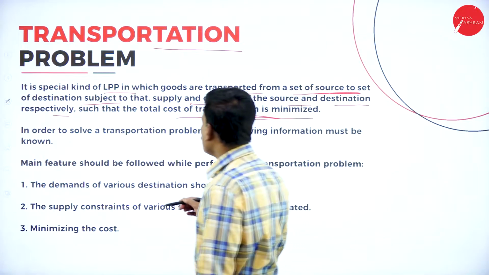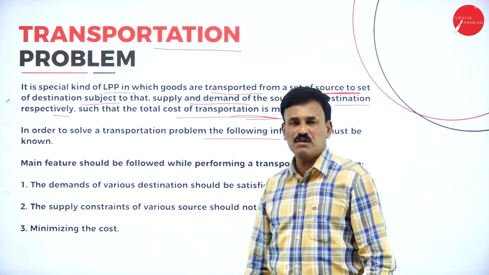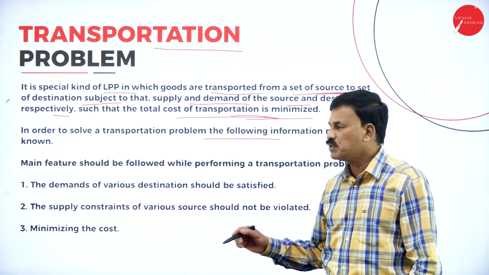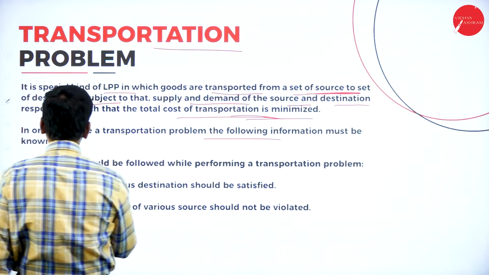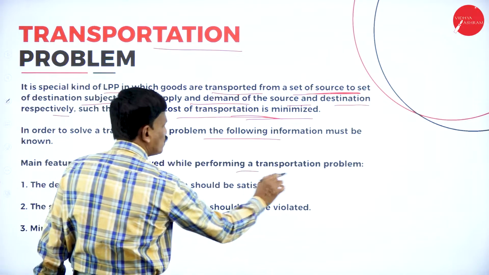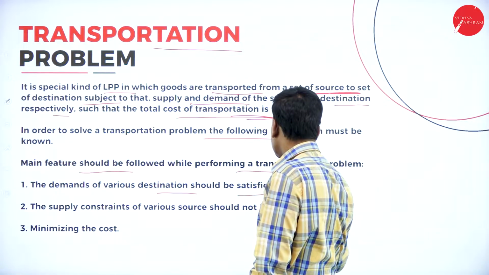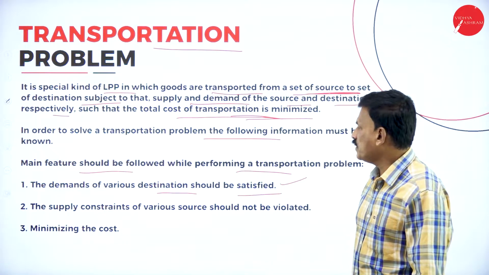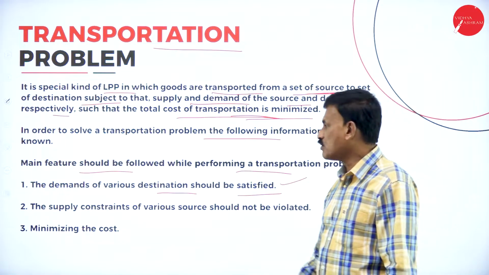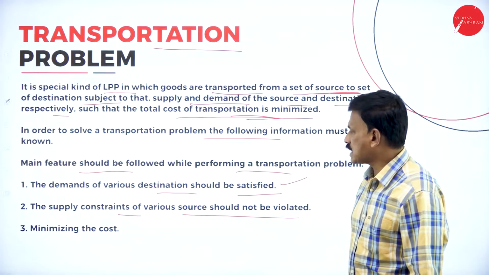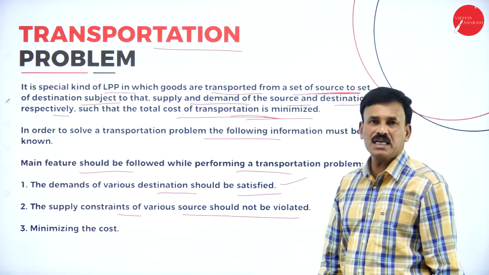Now, in order to solve the transportation problem, the following information is very important. What are the main features that should be kept in mind while performing the transportation problem? The demand of the various destinations should be satisfied. The second important concept is that the supply constraints of various sources should not be violated.